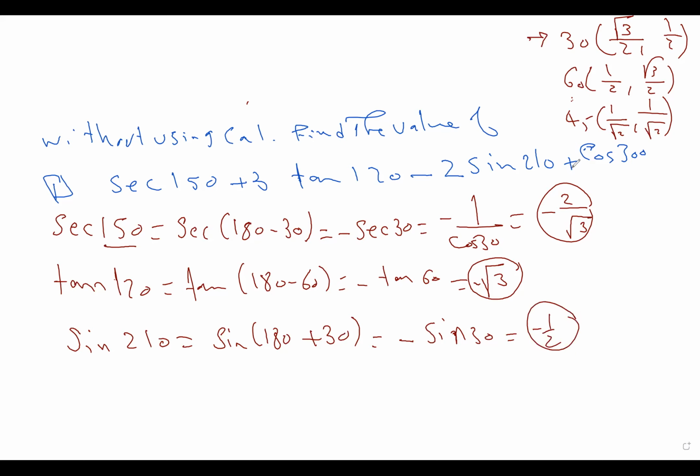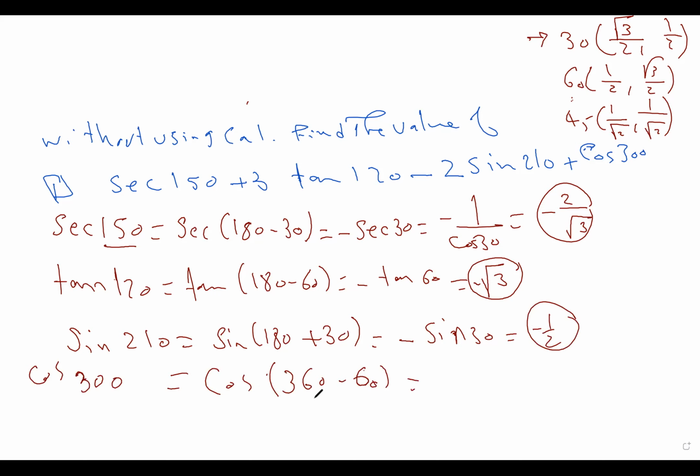We have one more angle, which is cosine 300. 300 in which quadrant? Fourth quadrant. So it will be cosine of 360 minus 60, which equals 300.